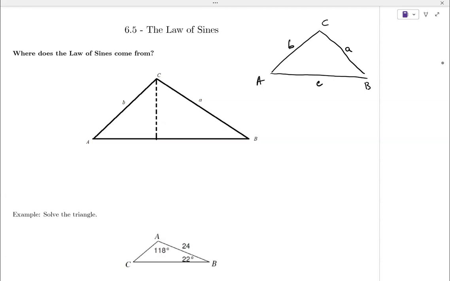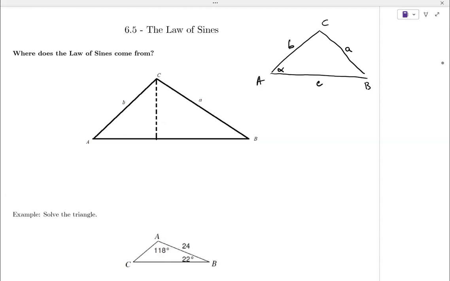Now let's talk about the convention for labeling the angles. You could write angle A, like you did in geometry class, with a little angle symbol: angle A, angle B, angle C. But mathematicians love their Greek letters. So we'll convert our alphabet letters into Greek letters. The angle at A we'll refer to as alpha.